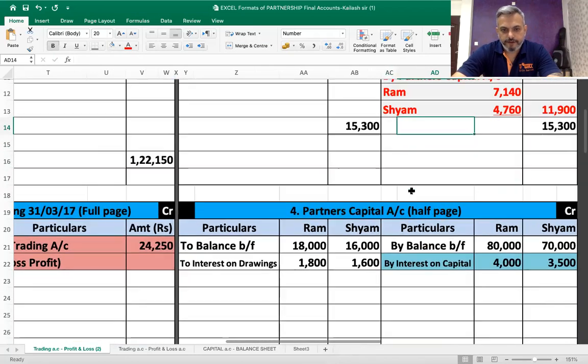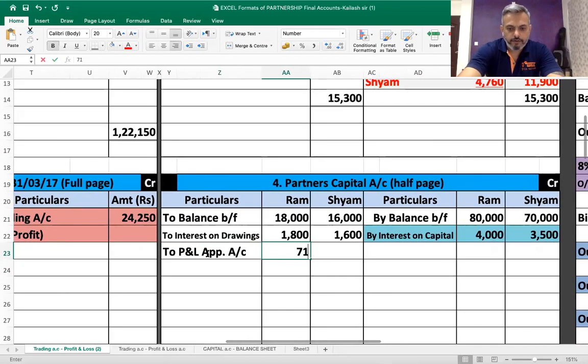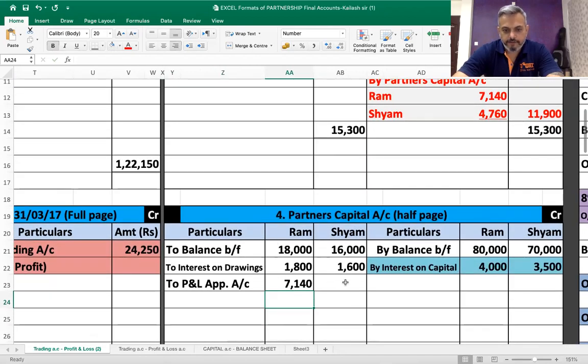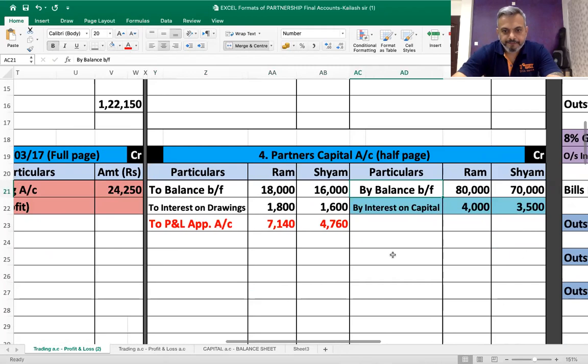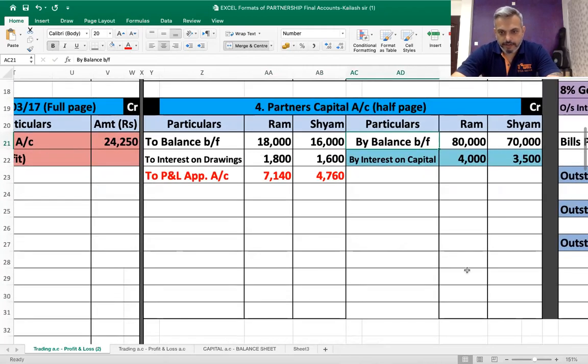Okay, we transfer it to partners capital account, so to P&L appropriation account. We check 7140 and 4760. Now let's balance capital account. Okay, credit side is more for both of them.